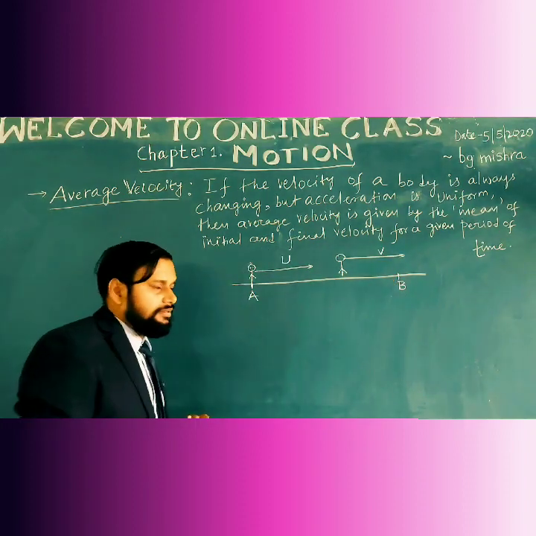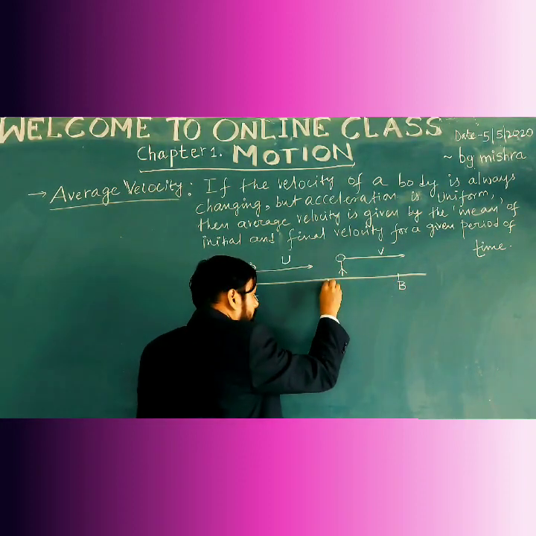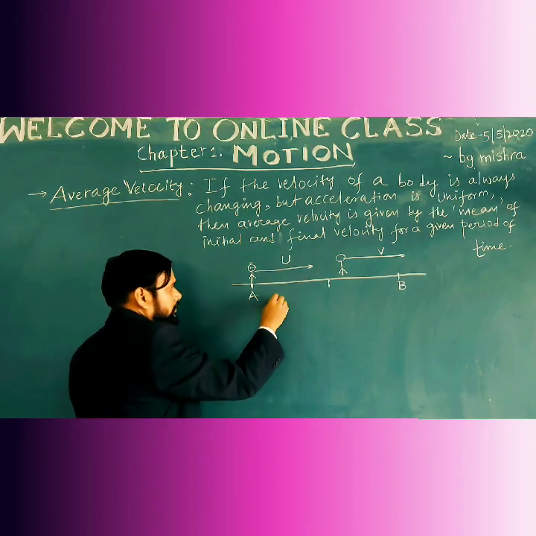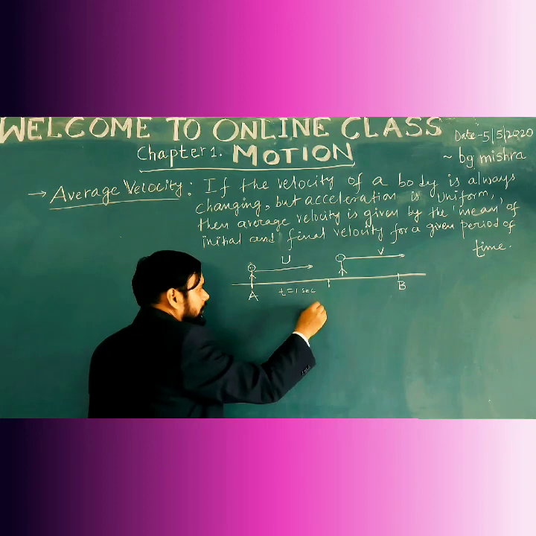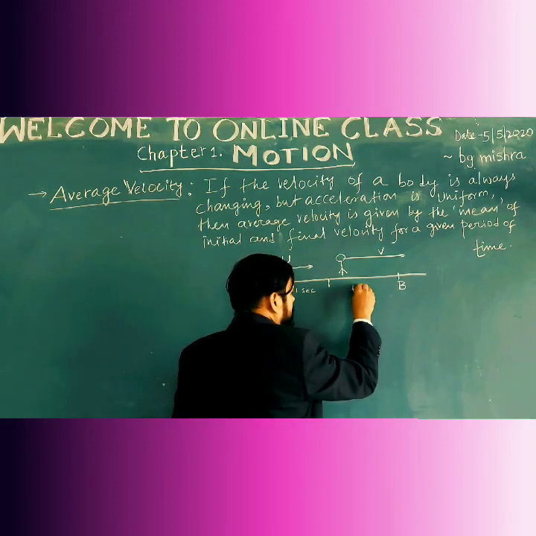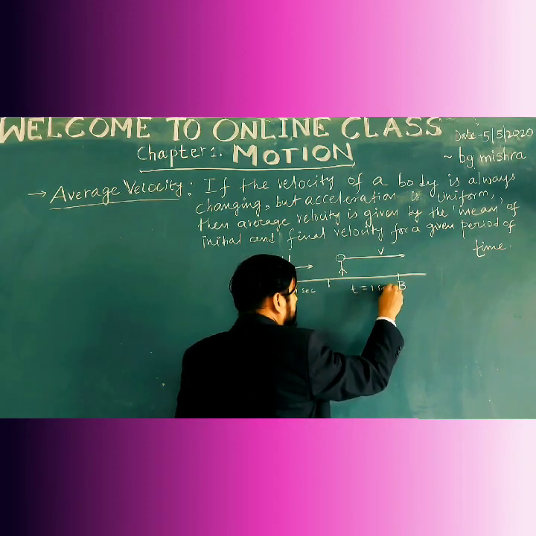That means in the first part, suppose he has taken a time of t equals to 1 second. In the second part also he has taken a time of 1 second.